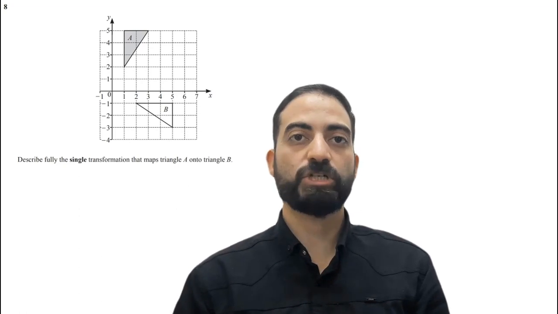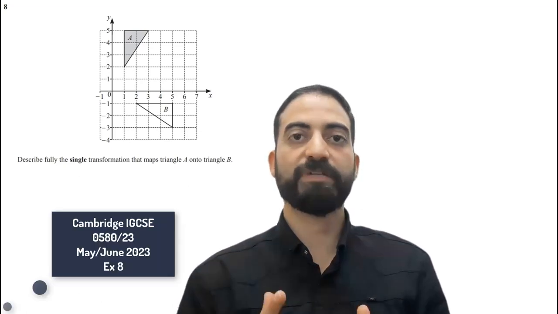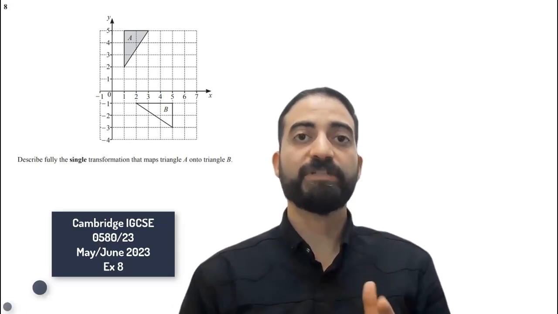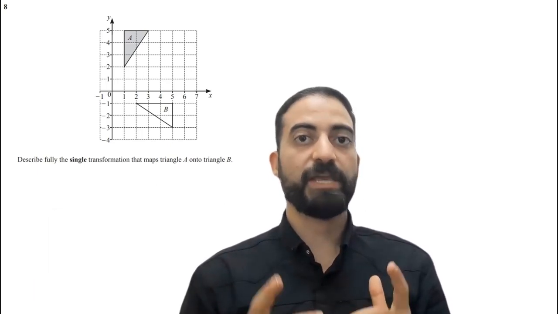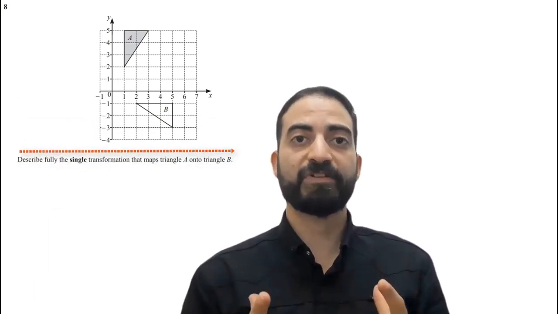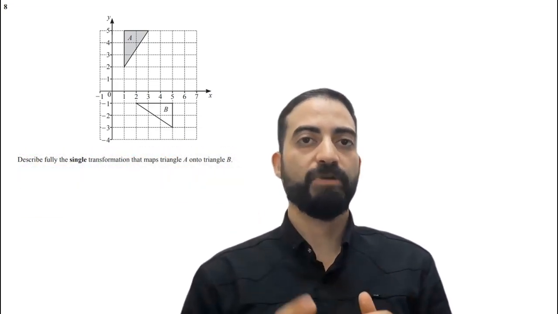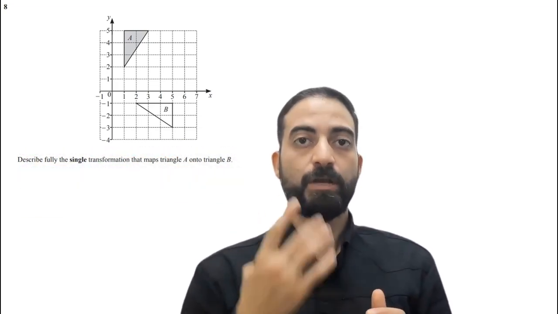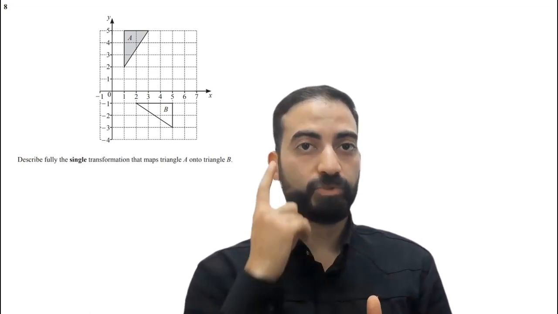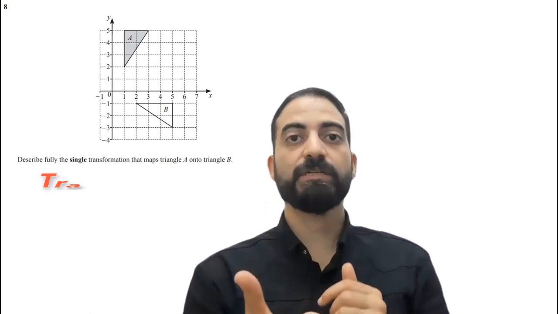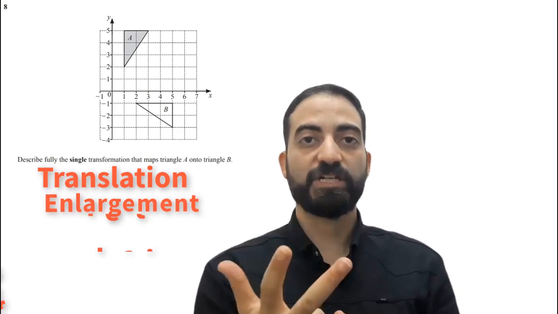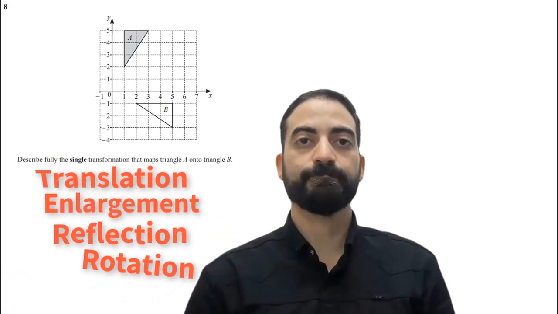We will solve the 8th question of the Cambridge IGCSE 2023 competition. What is required of us in this question is to fully describe the single transformation that maps triangle A onto triangle B. When it tells us transformation, four things must come to mind: translation, enlargement, reflection, and rotation.